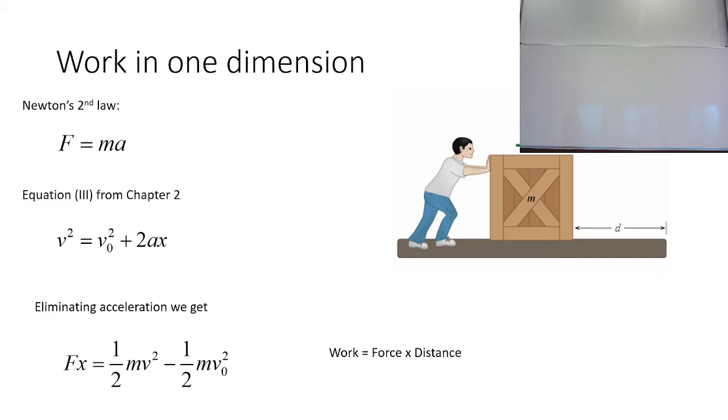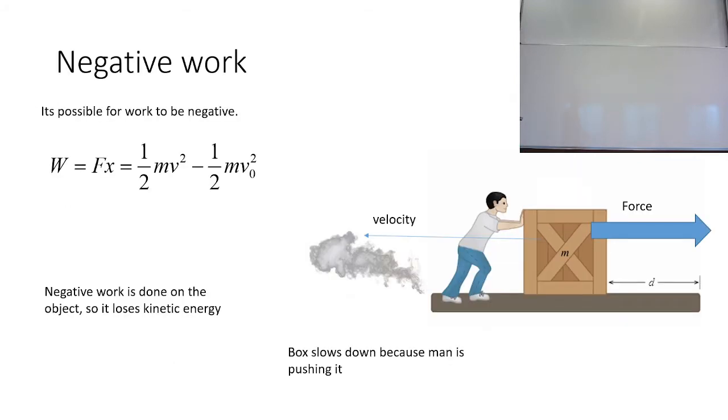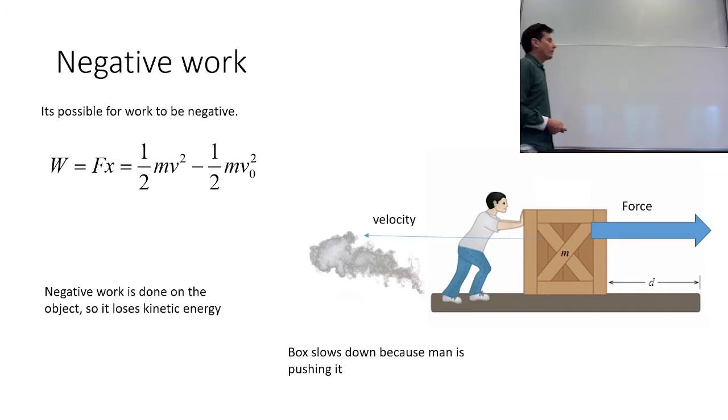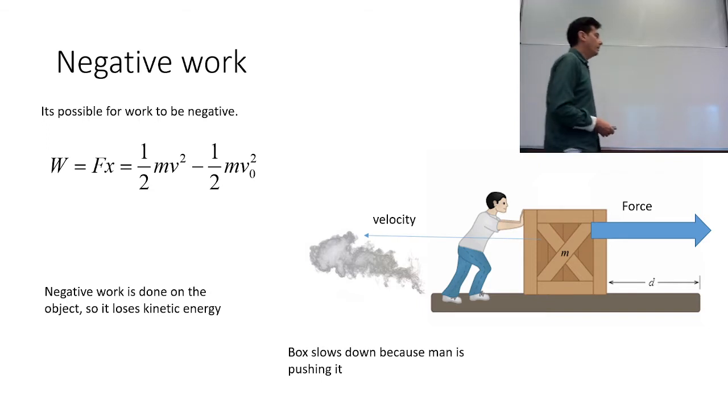So you can derive it from just these two equations, F equals ma, and one of the equations of motion. Depending on the direction of the force and the actual movement, work can be negative.